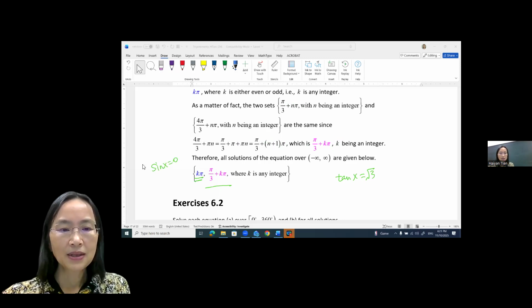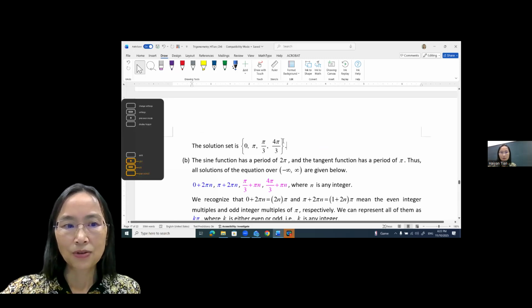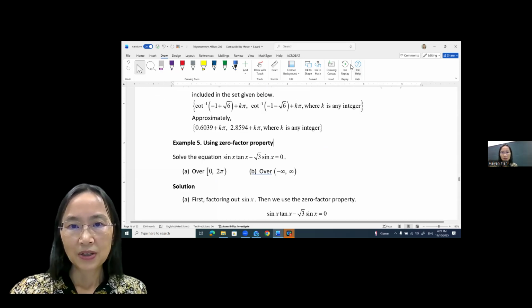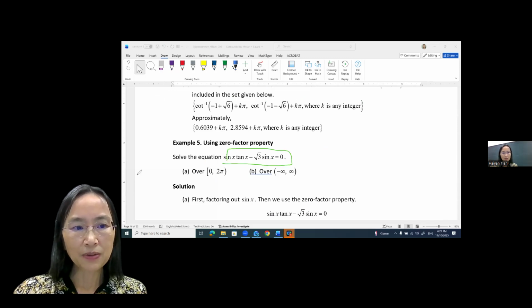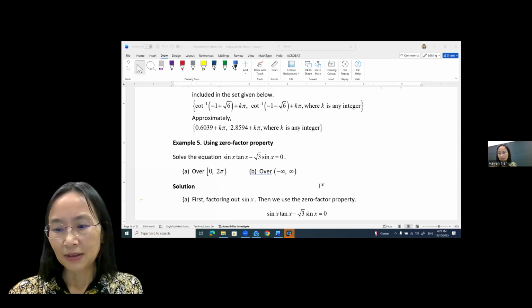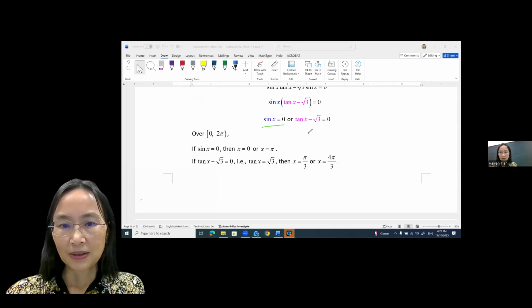So now let's see a quick summary for this problem. For this problem, after factoring, we can quickly solve for the sine x and tangent x.